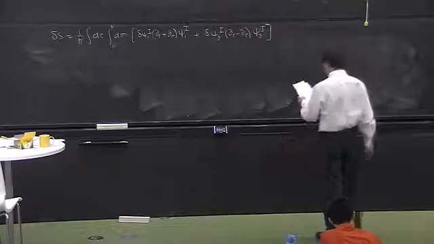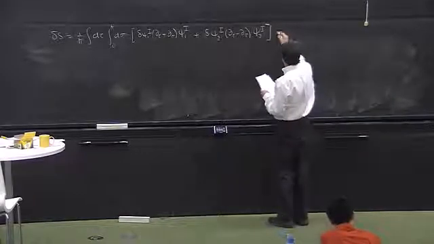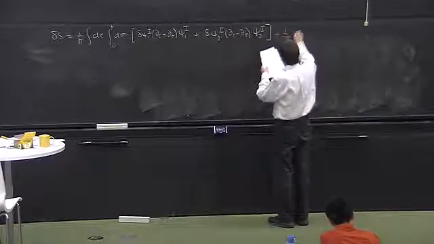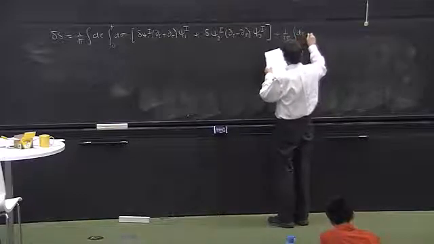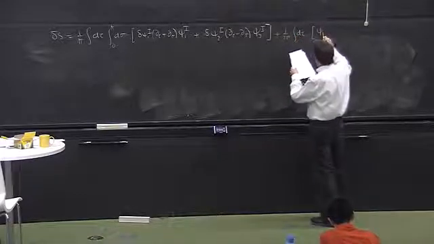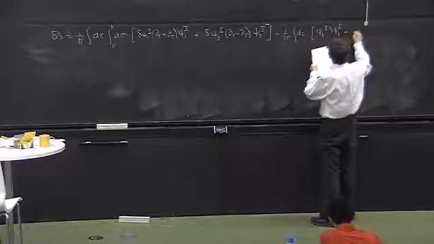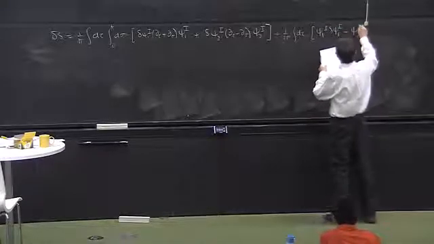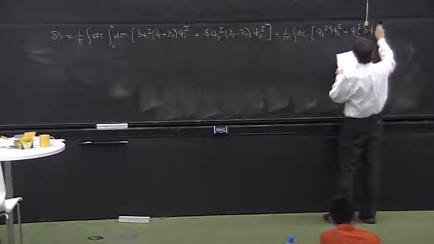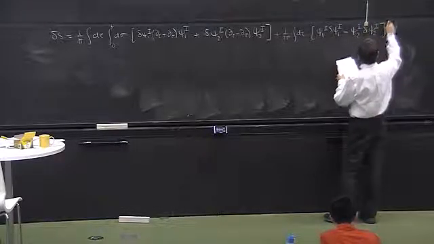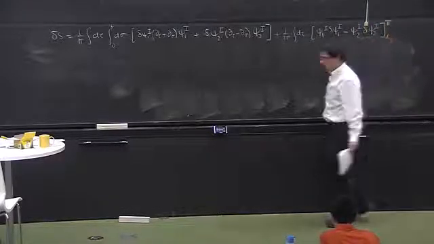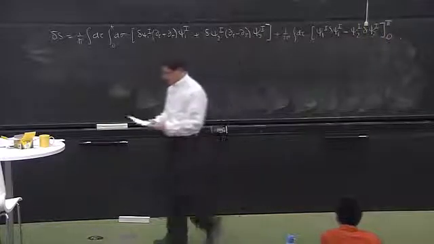You would imagine that gives you that, plus 1 over 2 pi integral d tau of these things, psi 1I delta psi 1I minus psi 2I delta psi 2I between pi and 0.